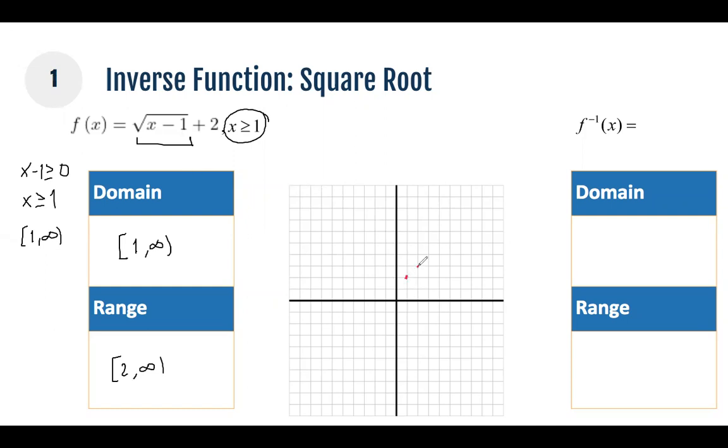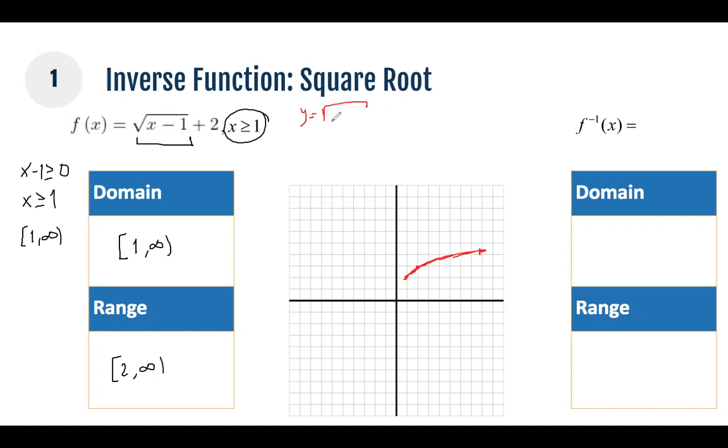So the graph is going to end up here, 1 unit to the right and 2 units up, going roughly like that. Now we can corroborate that the domain goes from 1 to infinity, and the range from 2 to infinity.